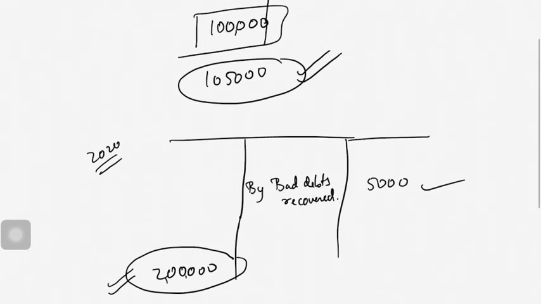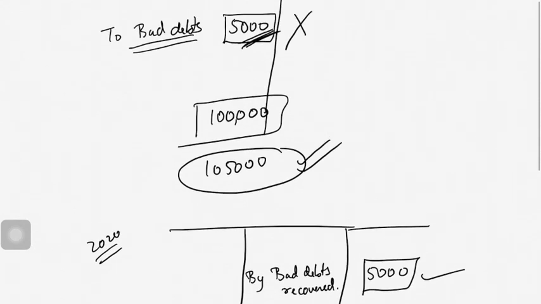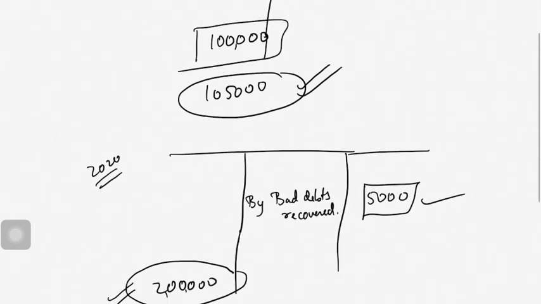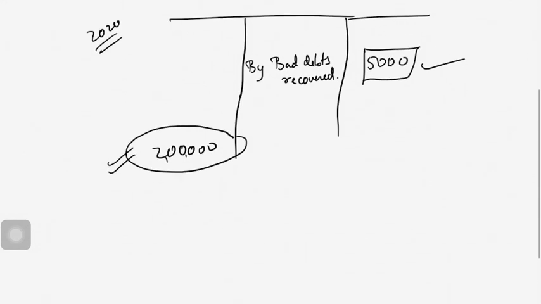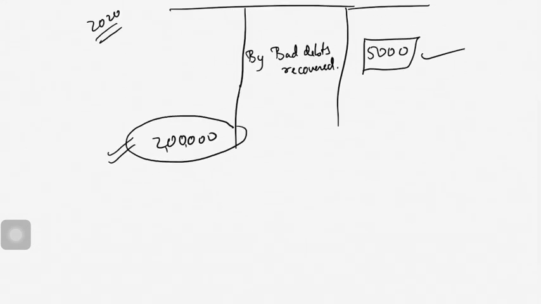No. Because this 5,000 which was disallowed earlier, you have already paid tax on that 5,000. And on one income, you don't pay tax twice. On this 5,000, 2 years ago, you have already paid tax. So bad debts recovered, disallowed earlier, that you will subtract.